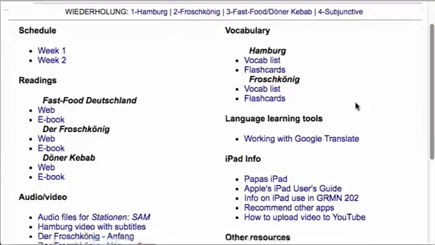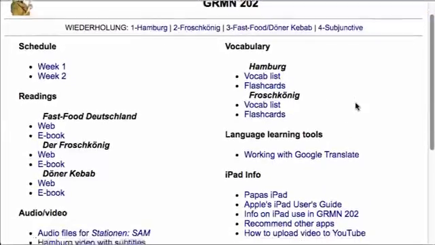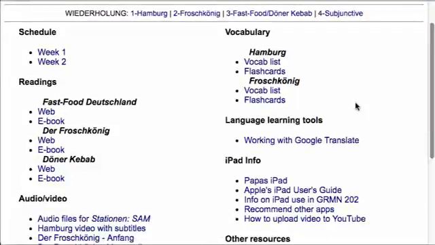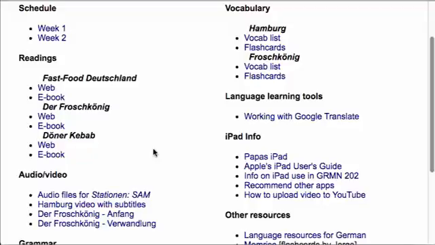But the main use of this course companion is to access the materials outside of class, and so the students have access to the readings. And I've supplemented the textbook for this course with readings that I've created from open online materials from a variety of sources.